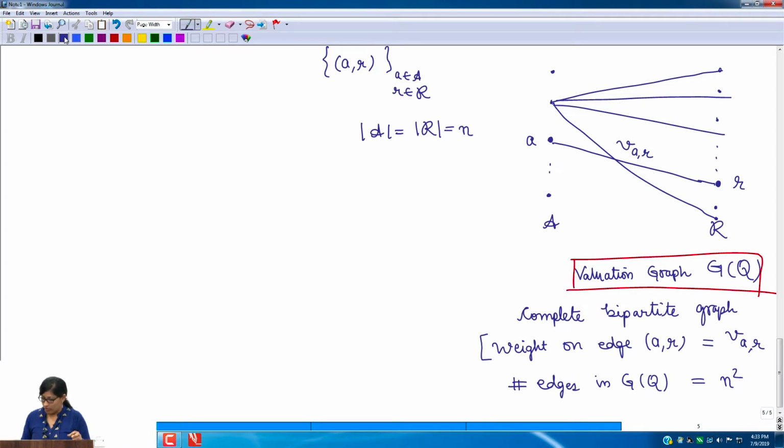Okay, moving forward, I would want to define one particular term which is maximum weight perfect matching.